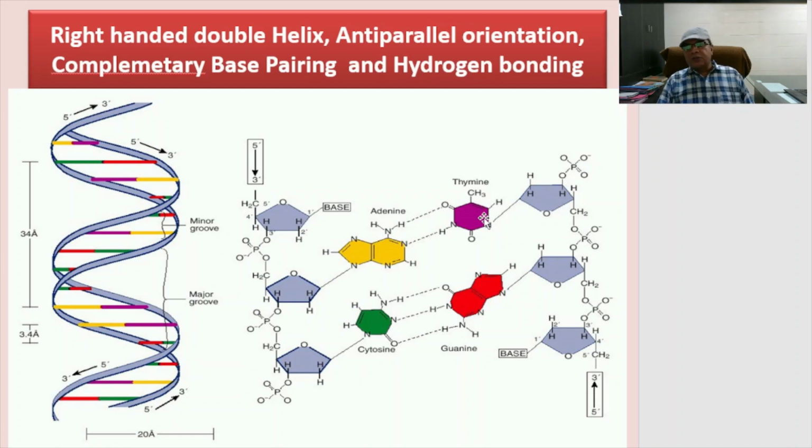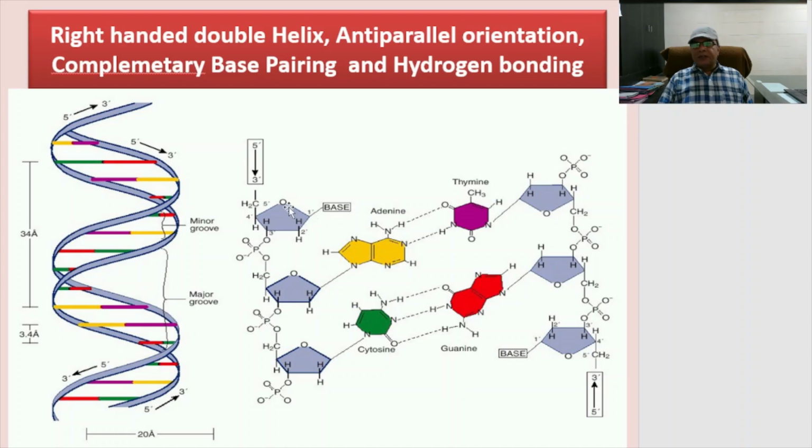It is because during DNA replication, one strand acts as a template strand, and the newly synthesized strand always adds nucleotides complementary to the template strand. So daughter strands contain complementary base pairs in their structure.